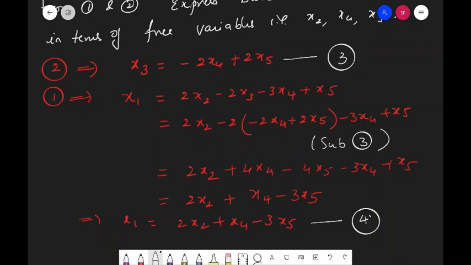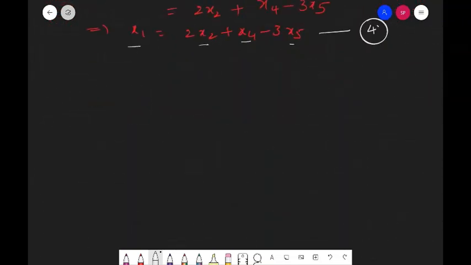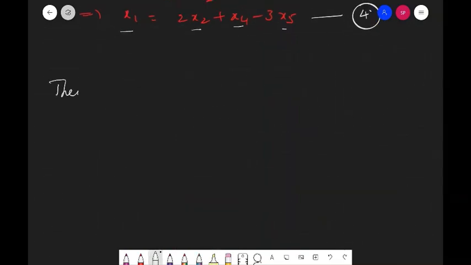So from 3 and 4, in 3 we expressed x3 in terms of x4 and x5, and in 4 we expressed x1, the basic variable, in terms of x2, x4 and x5. So now I have to write describing null A. Then what will be my null space? Null A is equal to the vector x, that is x1, x2, x3, x4, x5.